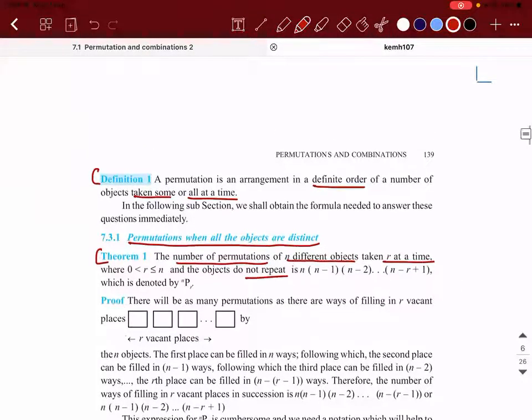So what do you have? Availability is n. Requirement is r. So how many blank spaces should you have? It keeps on going up to r. Are you guys able to understand what I'm trying to say?